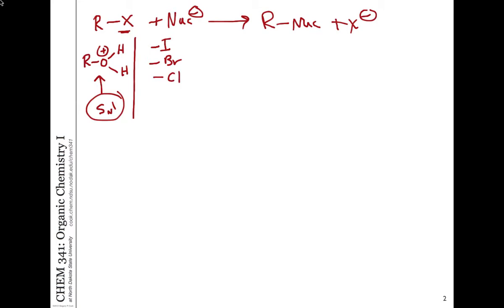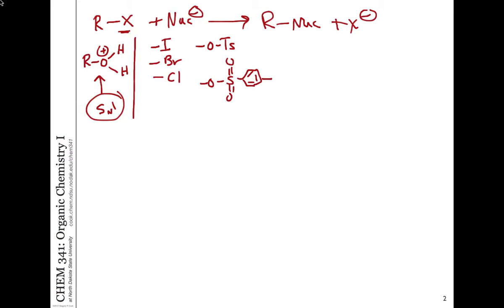But those are generally good leaving groups. Tosylates, right? Abbreviated like that, or I use OTos sometimes, or PTOS, paratosylate. If you remember that, that would look like this. Paratoluene sulfonate. So any of these sulfonates are really good leaving groups.